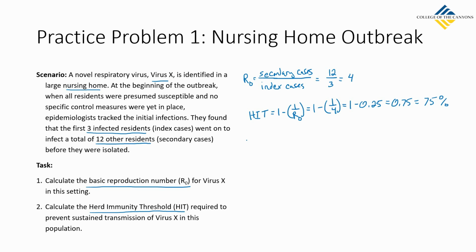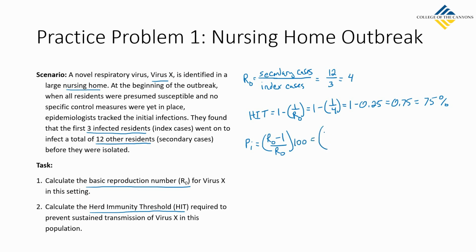Now, if we use the other formula to calculate PI, which again, herd immunity threshold and PI are essentially the same thing, that formula was R0 minus 1 over R0. If we want that to be, again, a percentage, we'd multiply times 100.